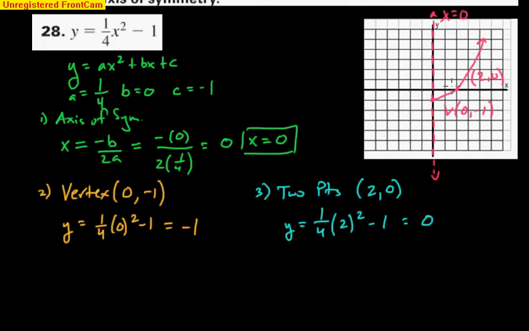Okay? And if we take this point and go across the axis of symmetry, because symmetry means the same on both sides, that is also a point, -2, 0. And there's my parabola for this function.